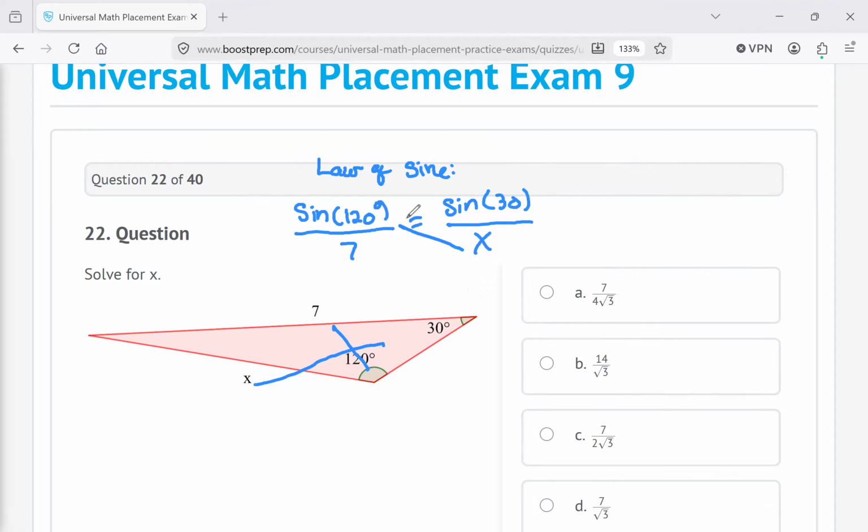So it's going to be X times sine of 120 equals 7 sine of 30. And then you want to solve for X, so we'll divide both sides by sine of 120.